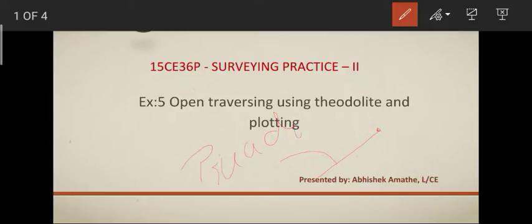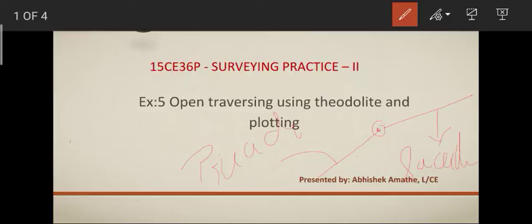And this line which is in front of that point is called succeeding line with respect to this point. This line is succeeding line.